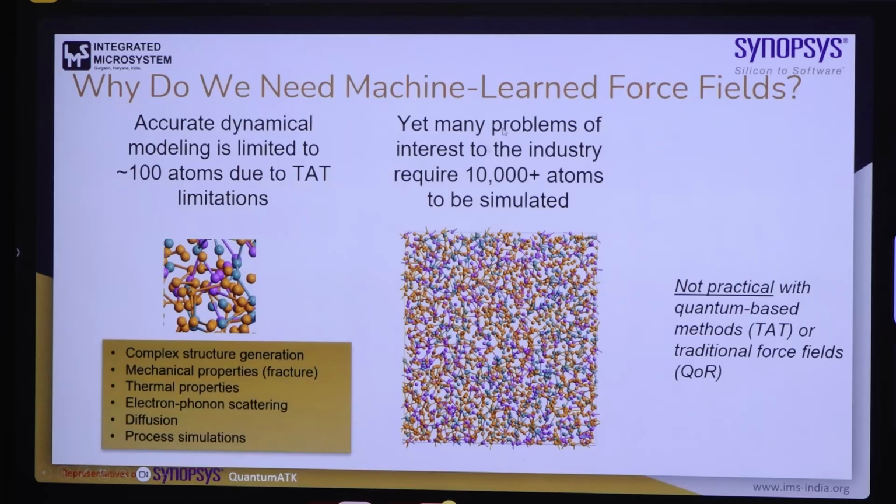But most industries need thousands of atoms to be simulated at a single time, and that is not practical with the quantum method because of the long simulation times. So we will use this machine learning force field simulation for the generation of an interatomic potential, and that interatomic potential we can utilize in DFT and the classical force field.